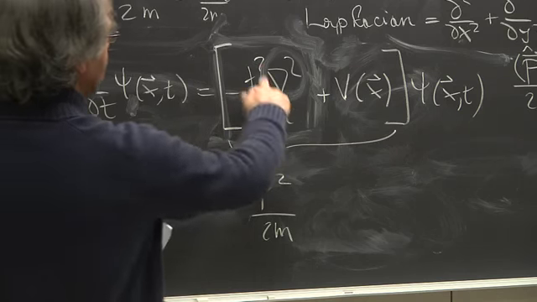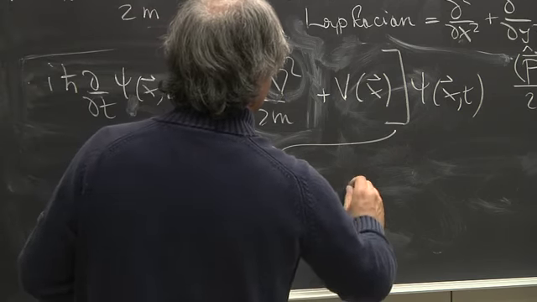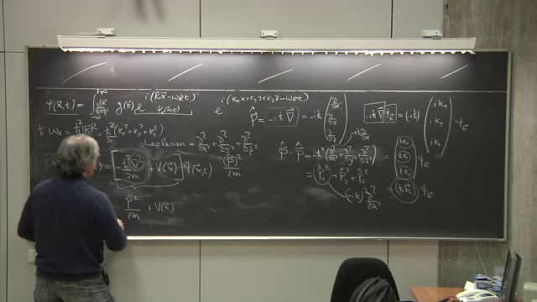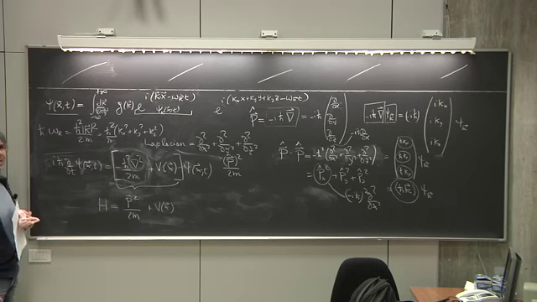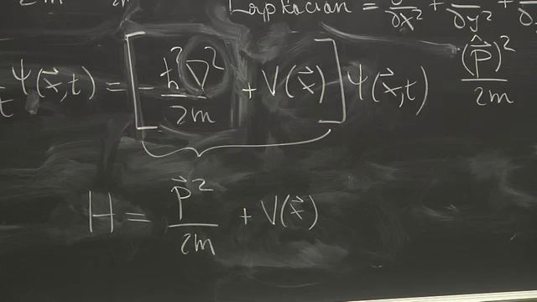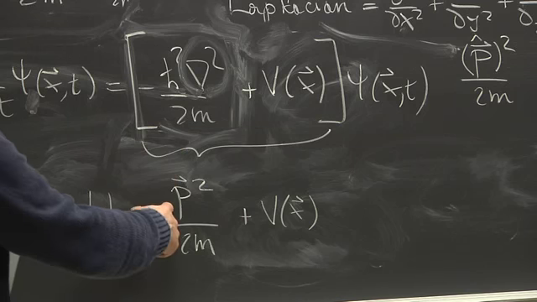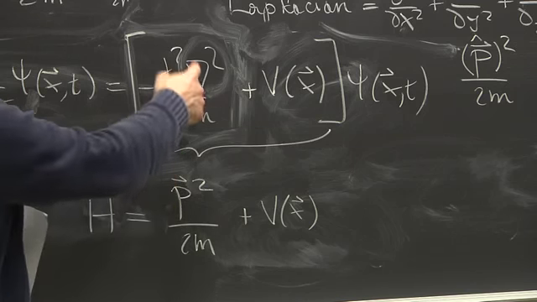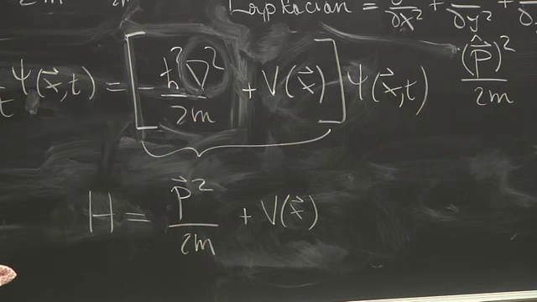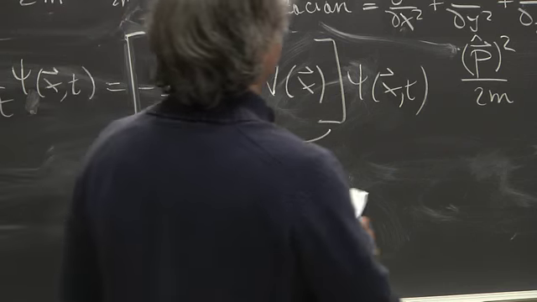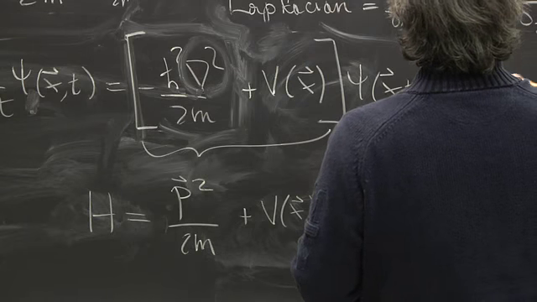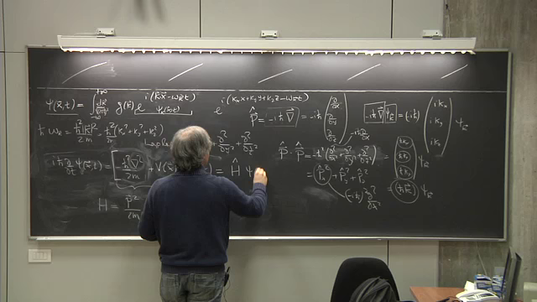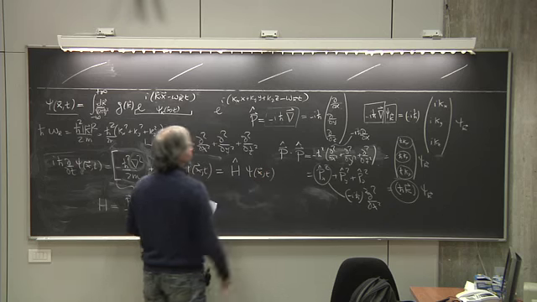So this is the kinetic energy plus the potential energy, and therefore this is the operator that strictly corresponds to the classical Hamiltonian. It's just in quantum version, where this is an operator of Laplacian type. So another possible way of writing this is the Hamiltonian applied to psi of x and t.